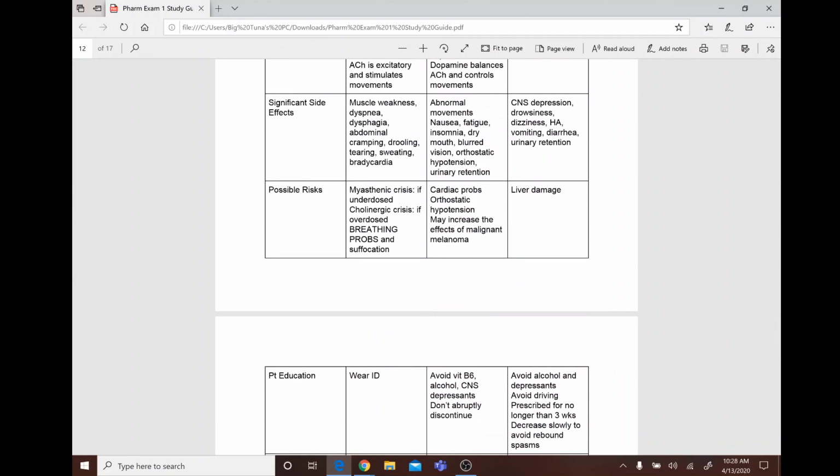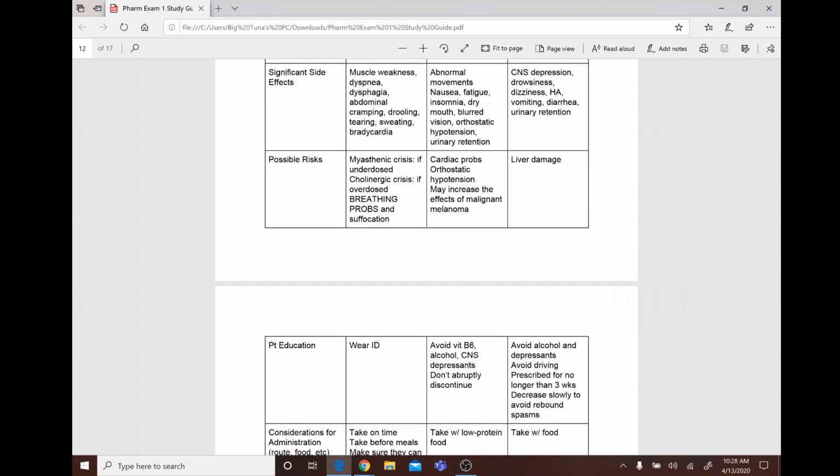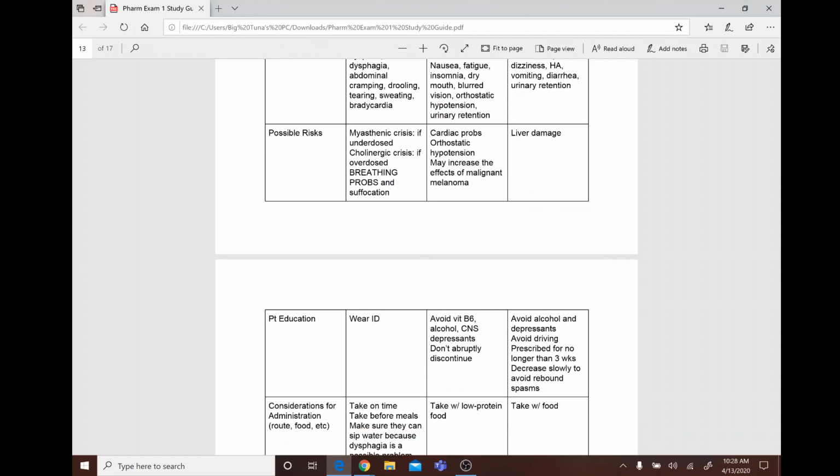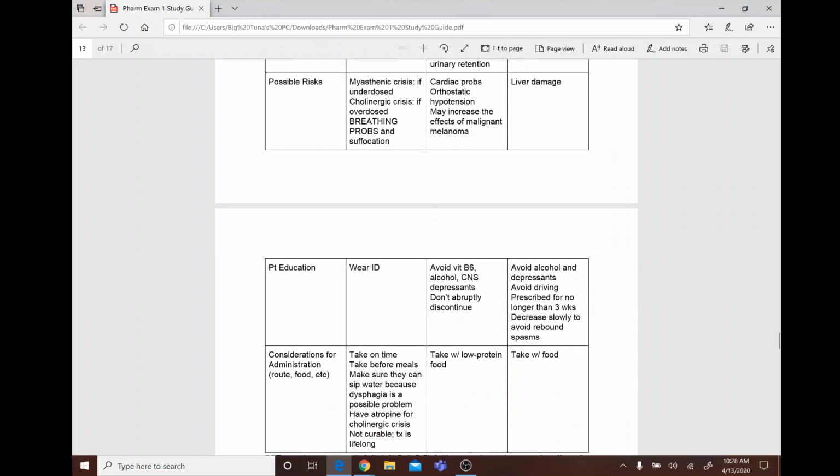What are the possible risks of pyridostigmine? Myasthenic crisis if underdosed, cholinergic crisis if overdosed, breathing problems, and suffocation. What do we got to educate the patient on when using pyridostigmine?